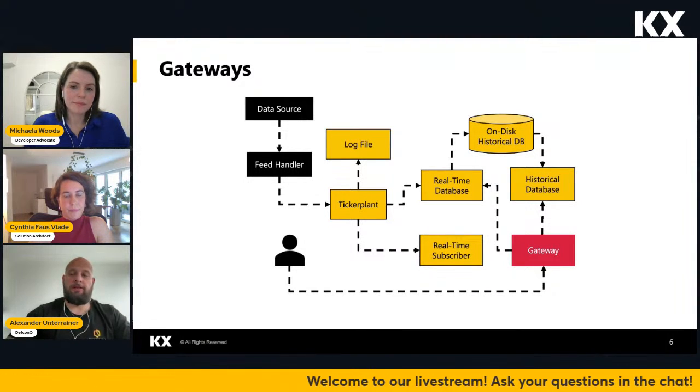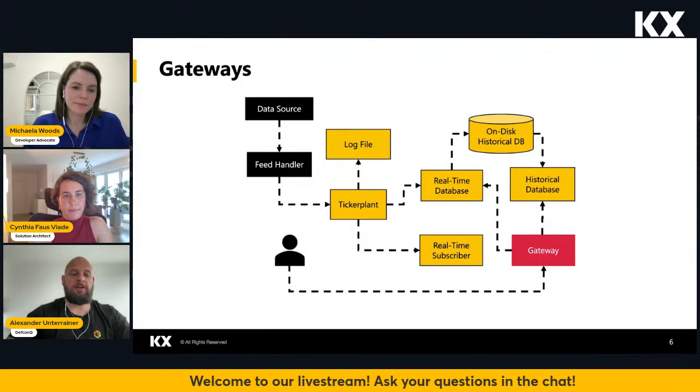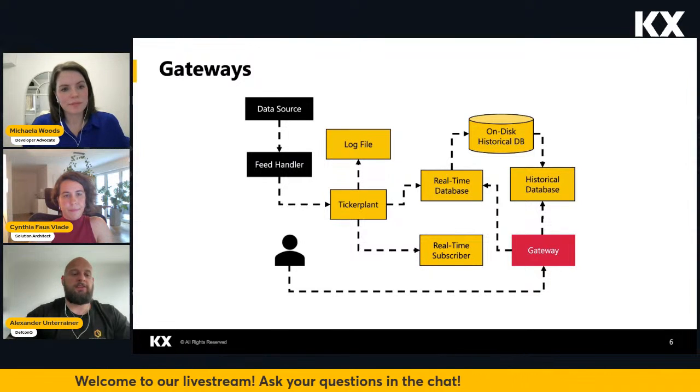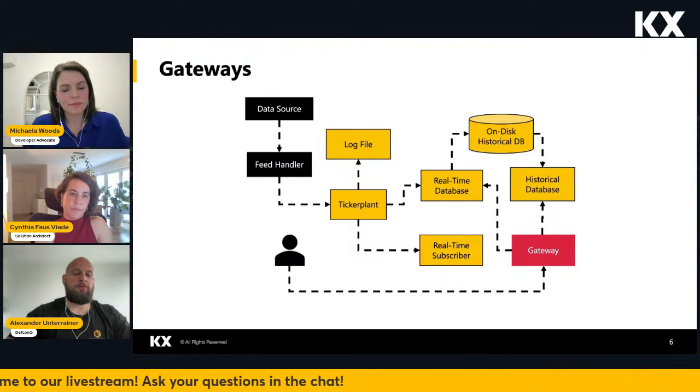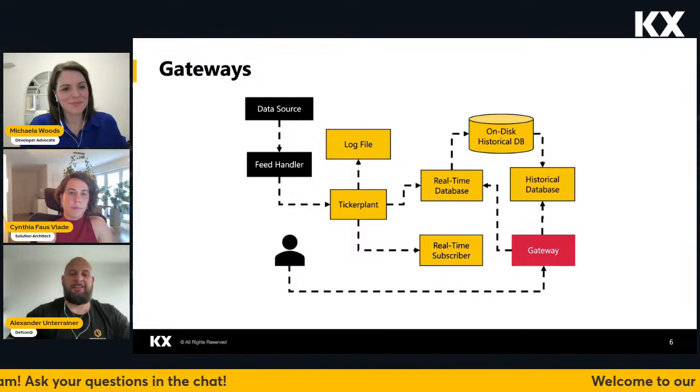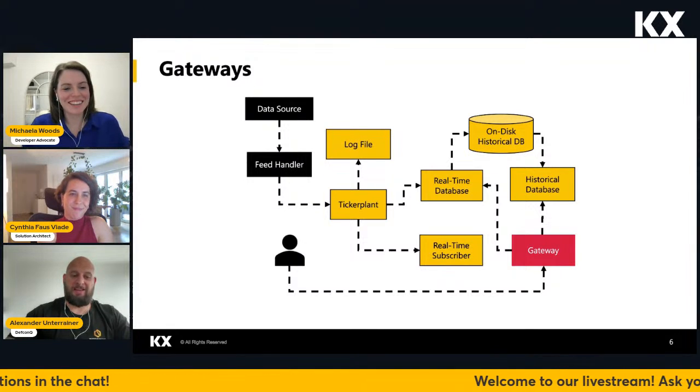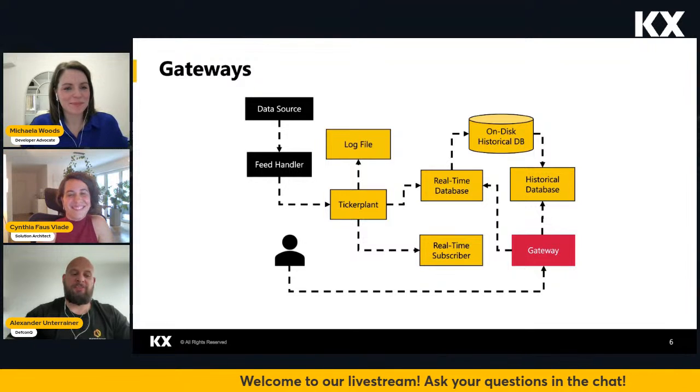Another reason, and this is a very crucial one in my opinion, is that often your end user is not fluent in KDB. They send bad queries either to the RDB or to the HDB, and especially in production, this is very, very bad.